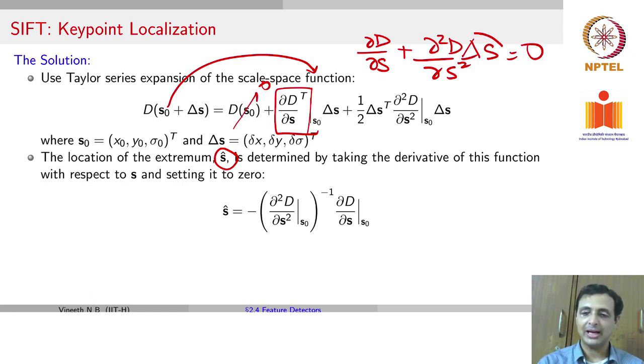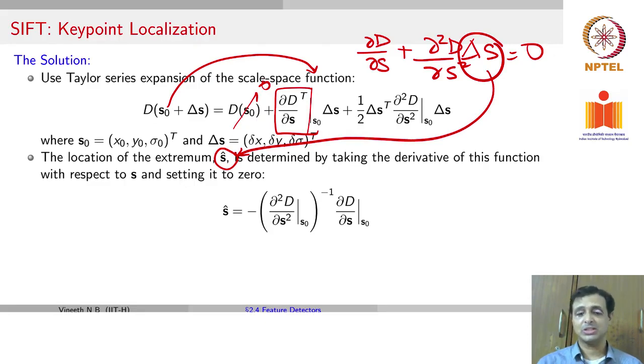And when you solve for delta S, the solution is what we denote by S hat. You're going to have dou square D by dou S square inverse, dou D by dou S. It comes from simple differentiation of your Taylor series expansion.